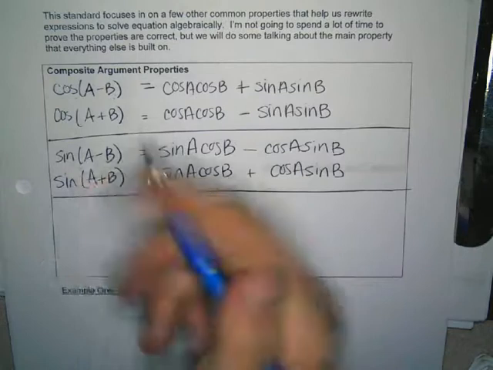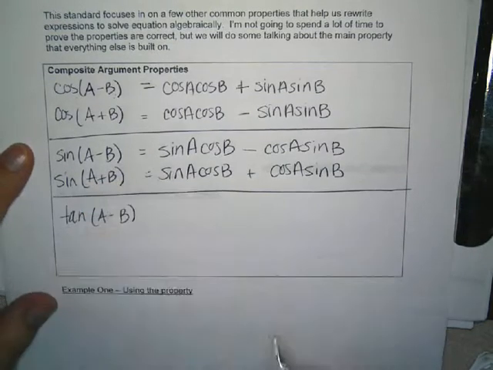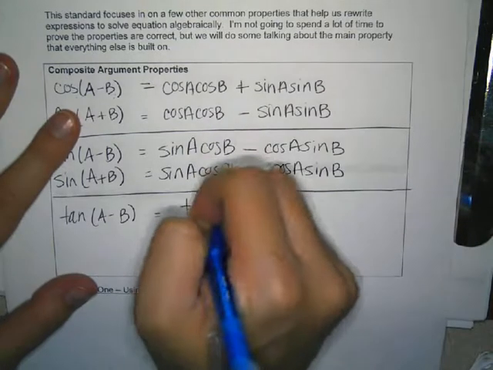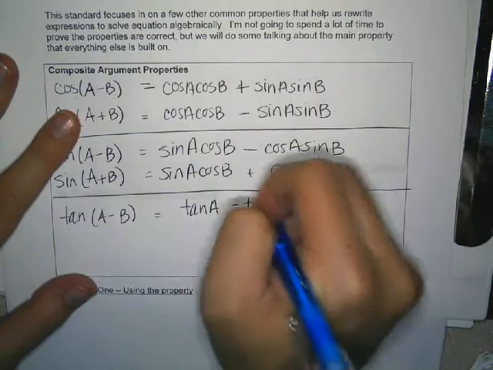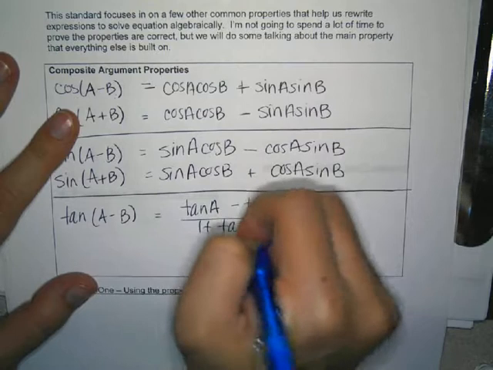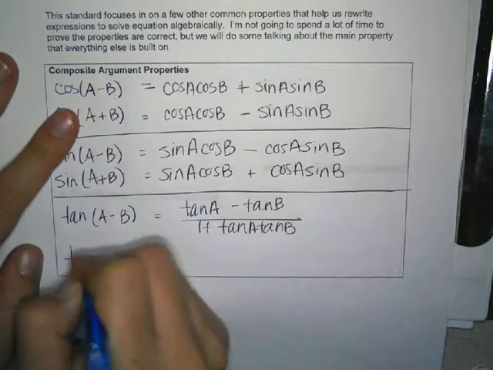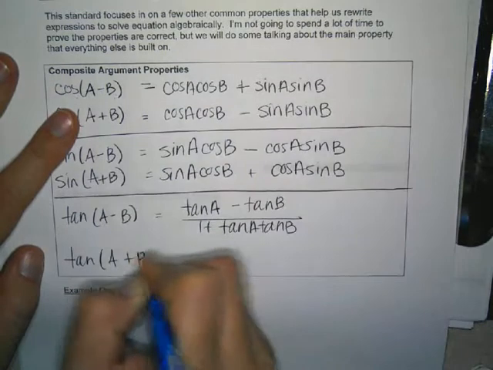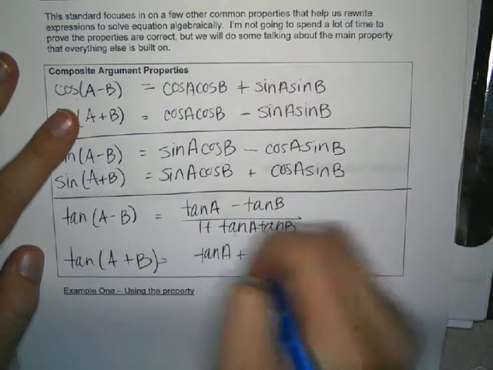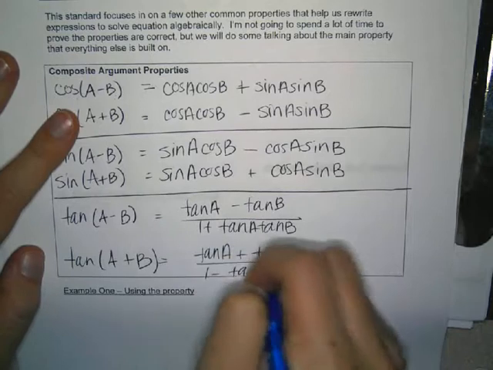And then the last two that we're going to talk about are tangent. If you're subtracting in the composite argument, it becomes this fraction: tan A minus tan B all over 1 plus tan A times tan B. And then tan of A plus B is the same thing, you just add on the top and subtract on the bottom.